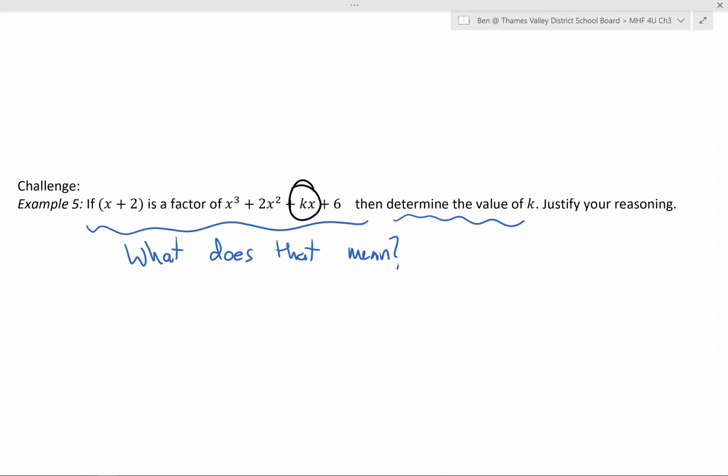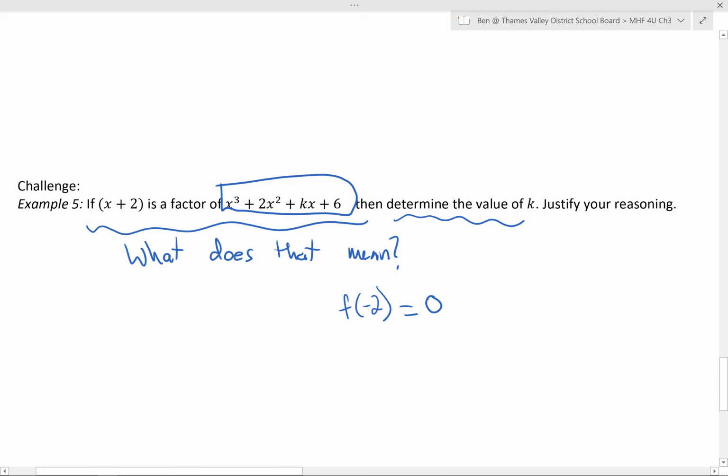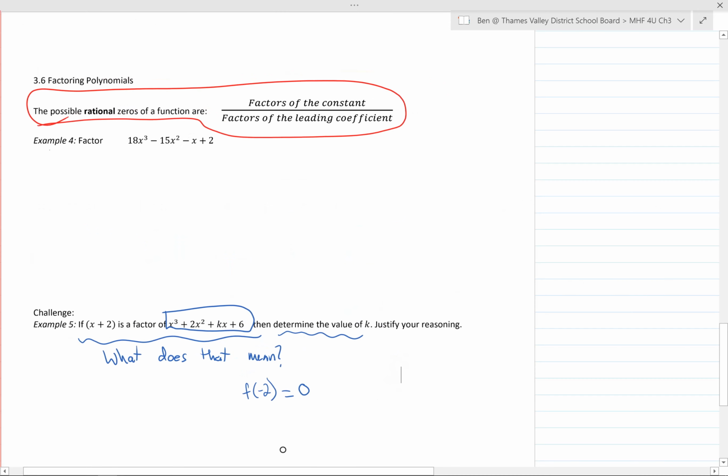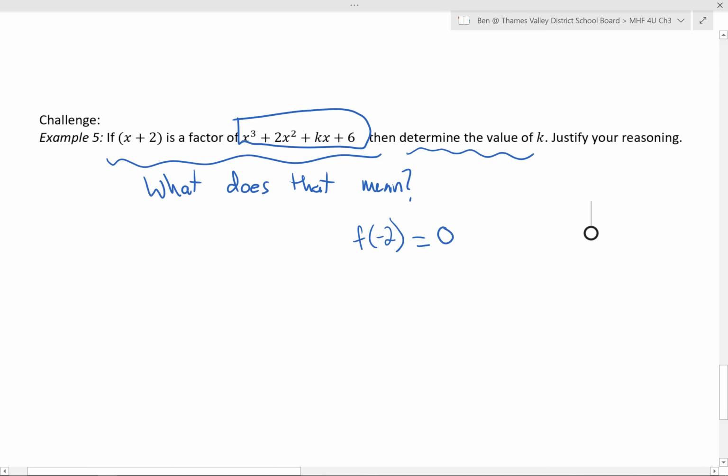Well, if x plus 2 is a factor of this entire polynomial, then that means f at negative 2, I'll pause here for you to try and work it out, f at negative 2 equals 0. Okay, if f at negative 2 equals 0, that should be able to help us, right?